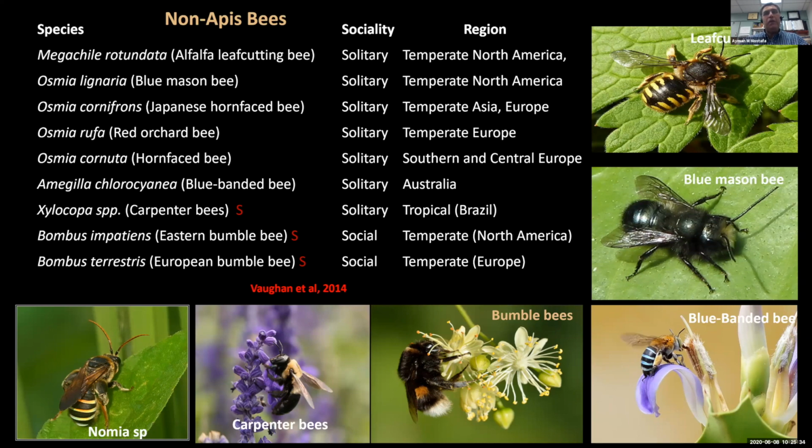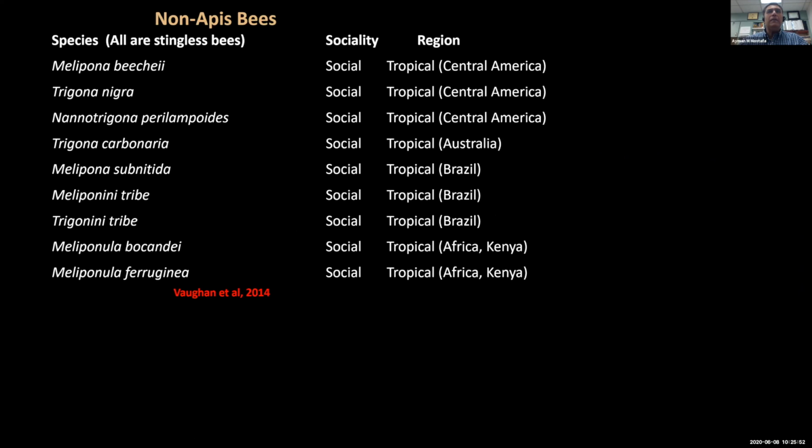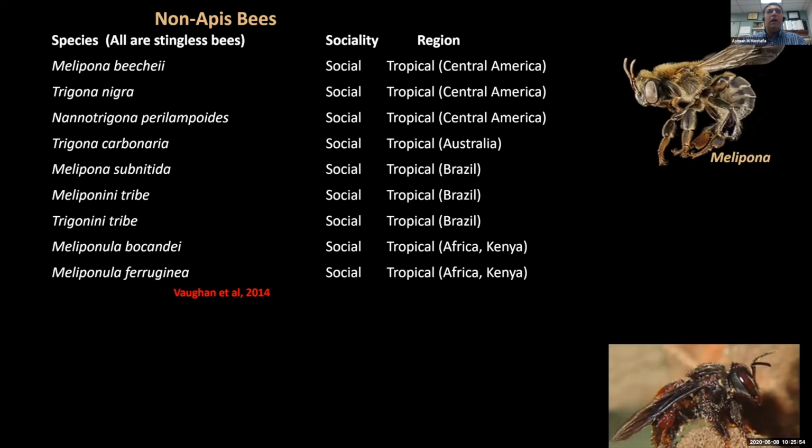This is actually the natural pollinator of many habitats and many other crops. We don't know them, but their value is quite huge. Some of them we know, like carpenter bees or bumblebees, which are very famous, but there are a lot of these non-Apis bees. This is another group of them here.